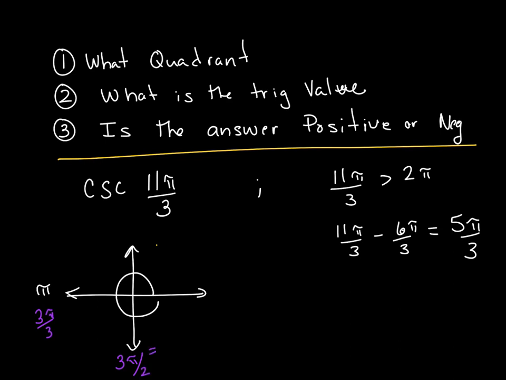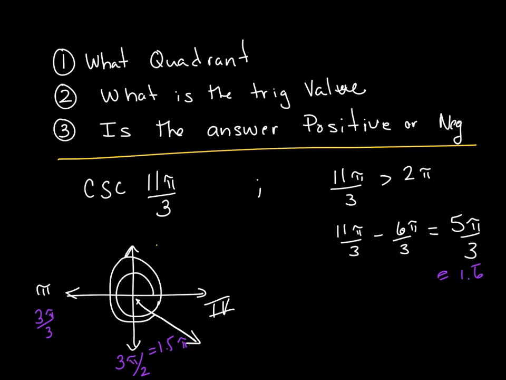And 3 pi over 2 is 1.5 pi's, where 5 pi over 3 is 1.6 repeating, so it's larger. So that means I'm going to go all the way around, and I'm going to end up right here in the fourth quadrant.